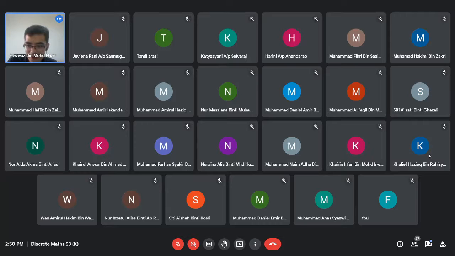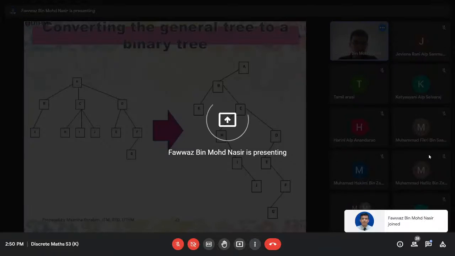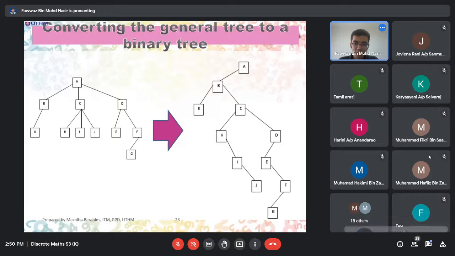So dapat kita punya binary tree. Okay, so yang tu adalah binary tree.